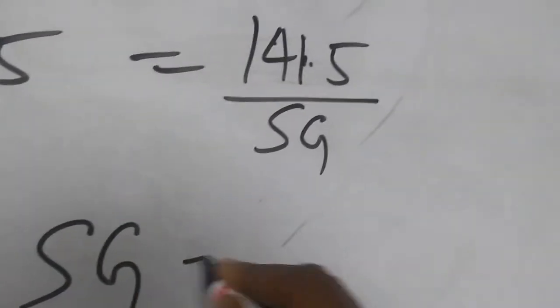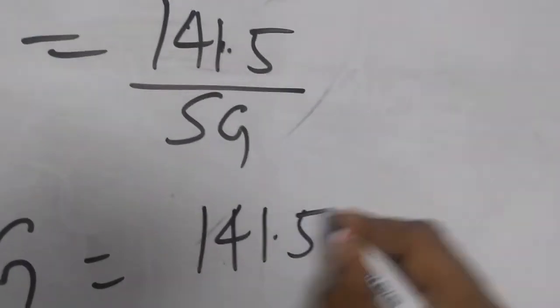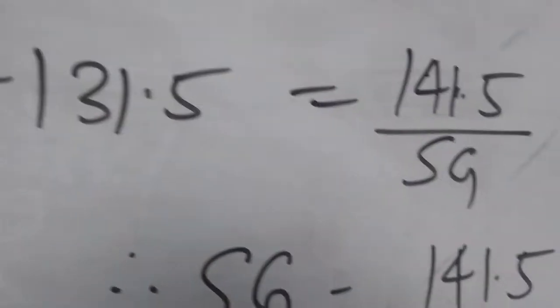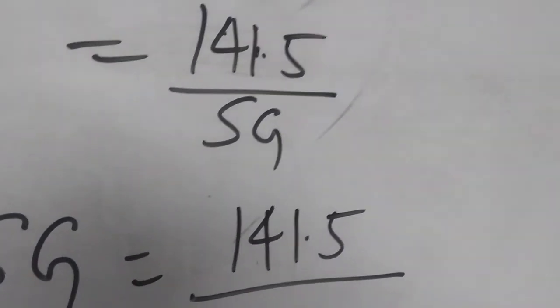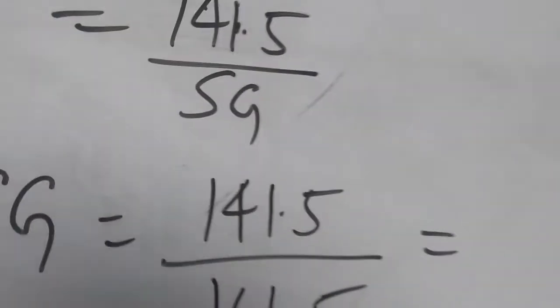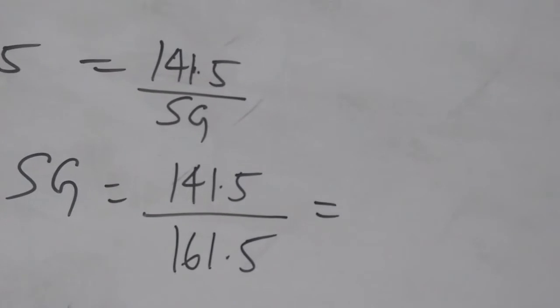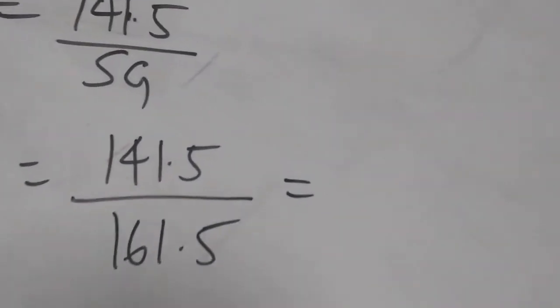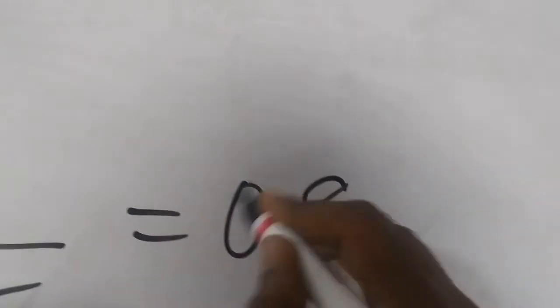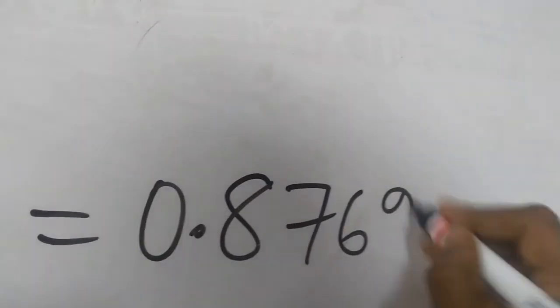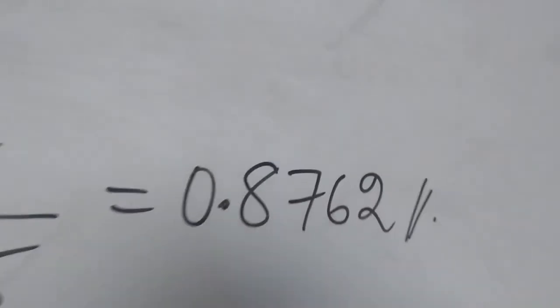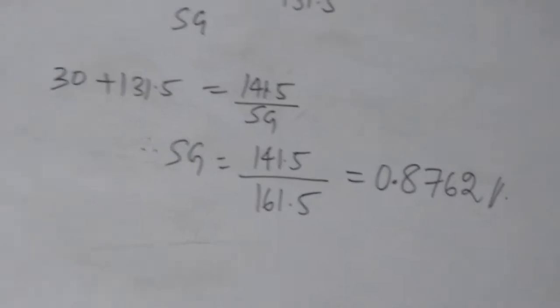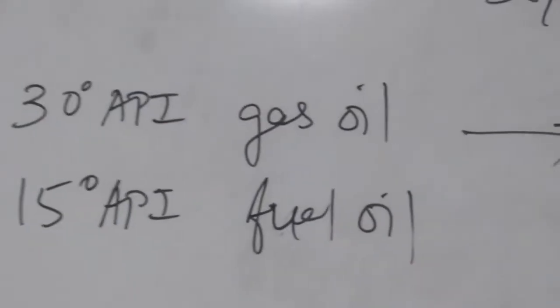Therefore specific gravity is equal to 141.5 divided by 161.5, which is 0.8762. So this is the specific gravity corresponding to 30 degree API.